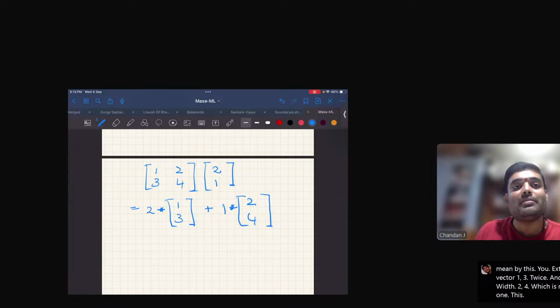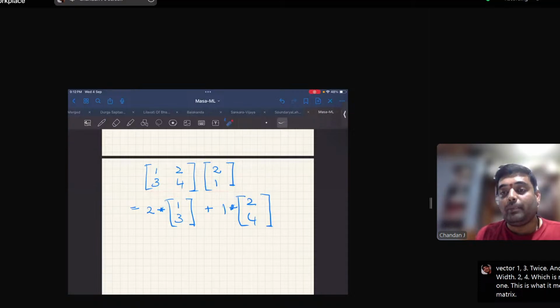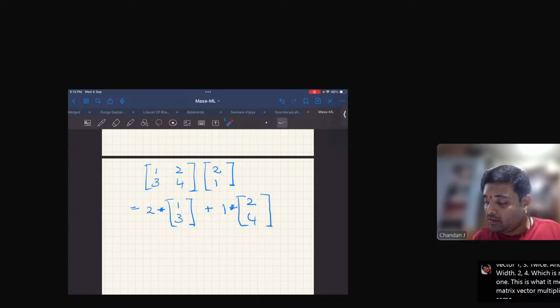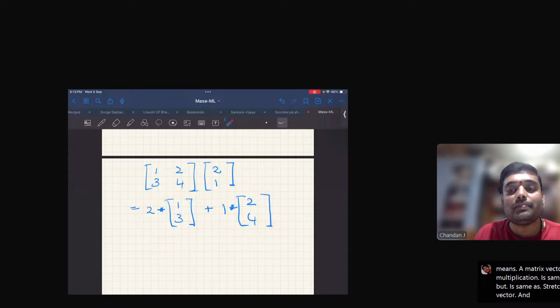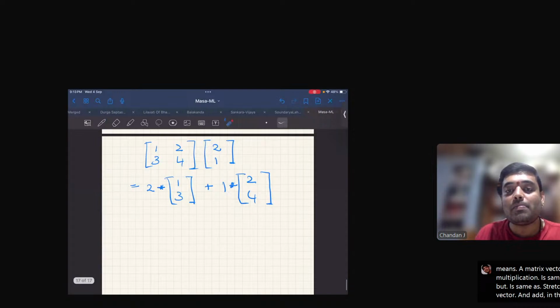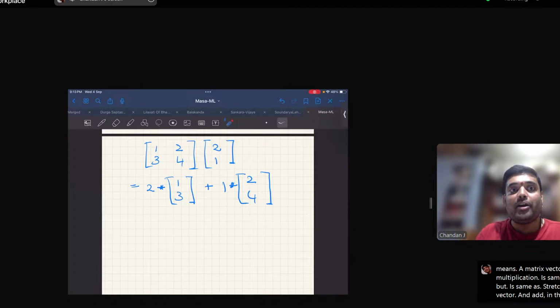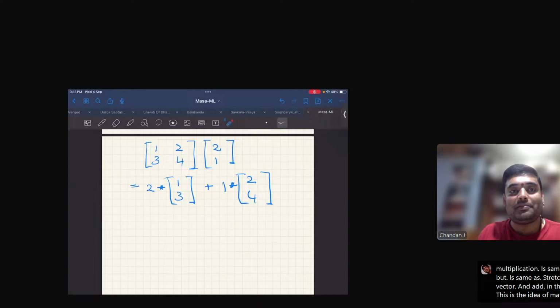This is what it means. A matrix vector multiplication is the same as stretching these vectors and adding them. This is the idea of matrix vector multiplication.